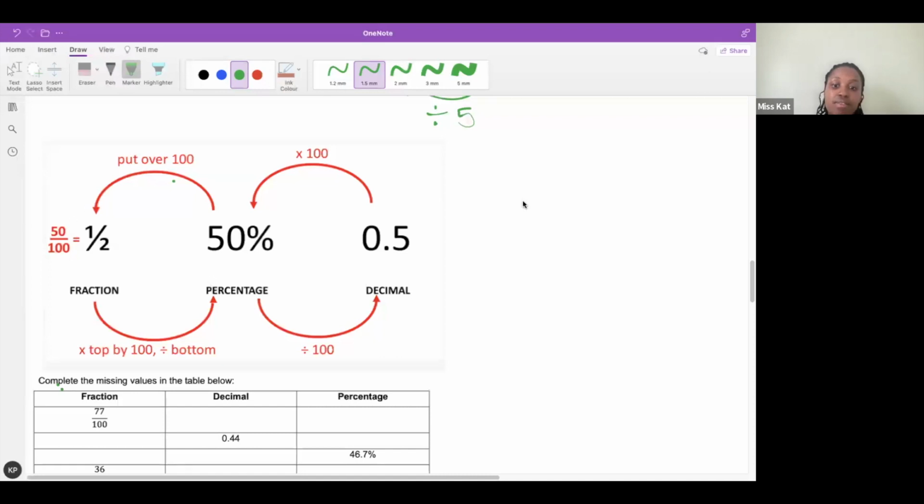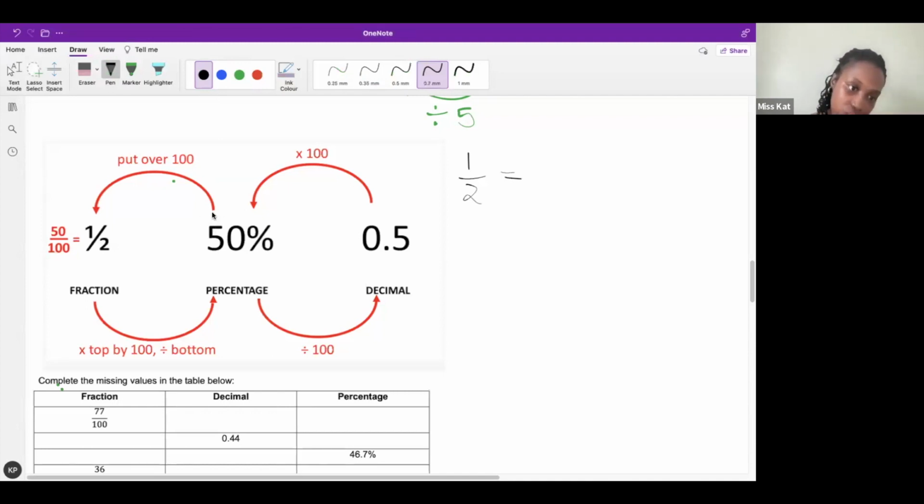So if I have a half, 1/2, it says you must times the top by 100 and then divide it by the bottom. What is 1 times 100? 100.